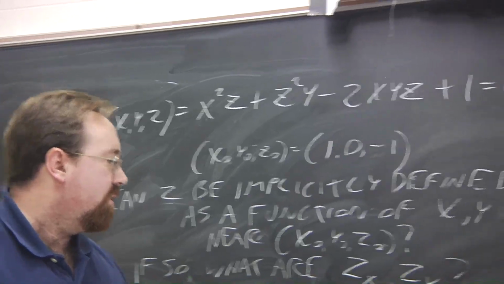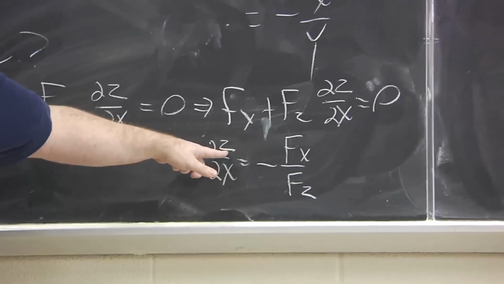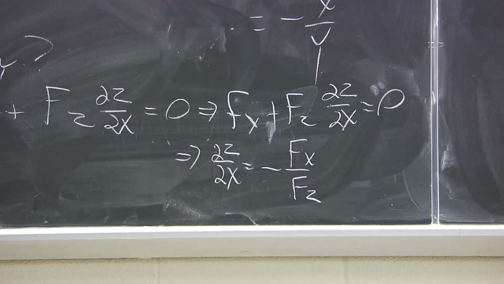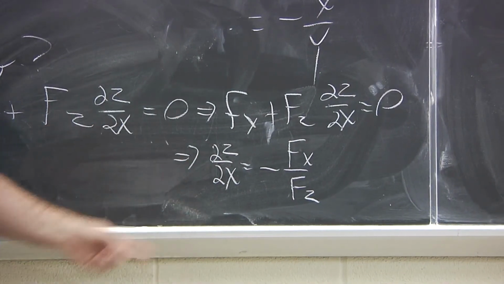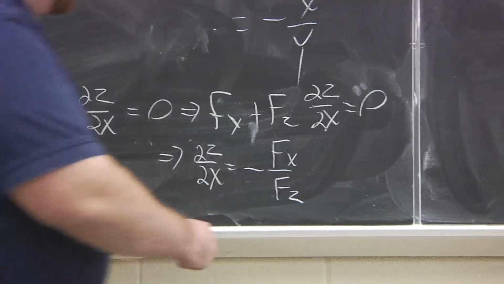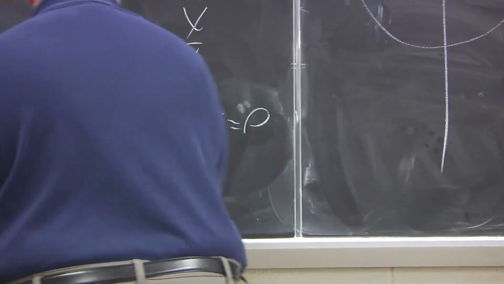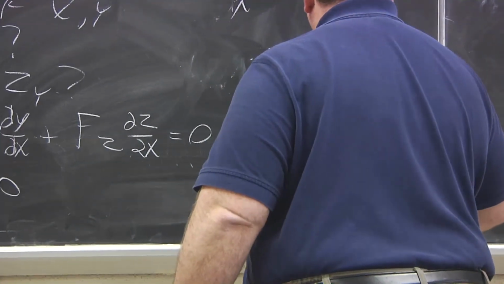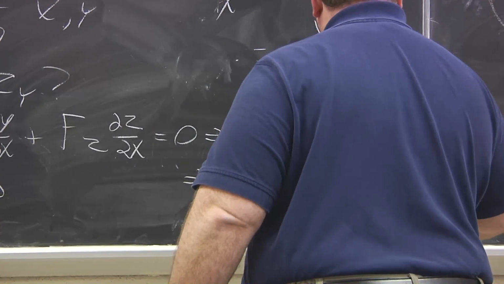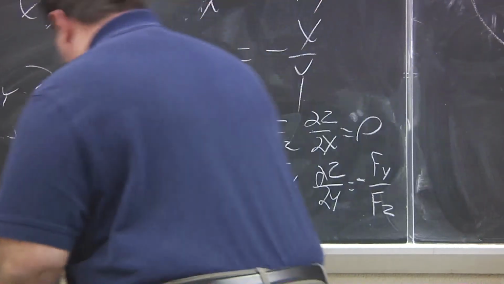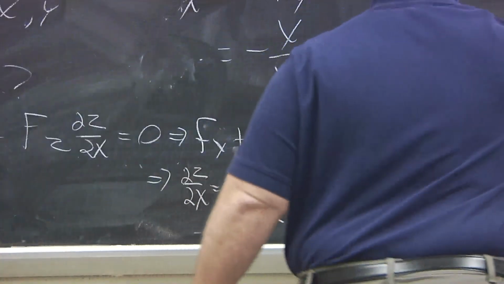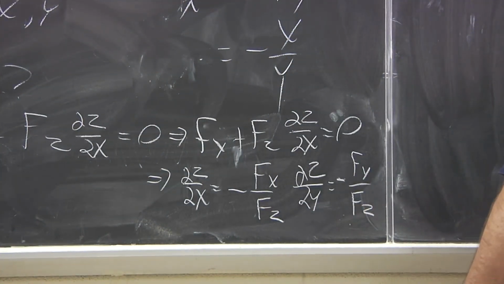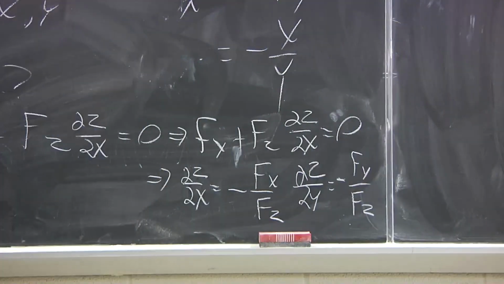So as long as it's not 0, you can define this dependent variable as depending on the independent variables, x and y in this case, and you can compute their partial derivatives. Similarly, dz/dy is minus fy over fz.